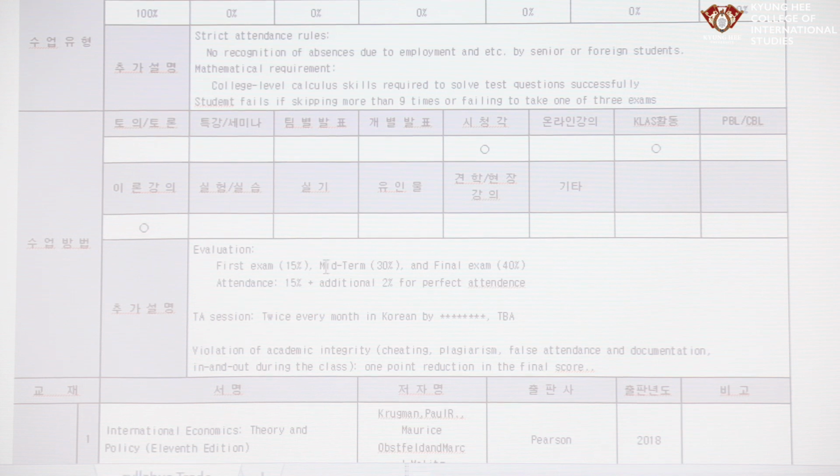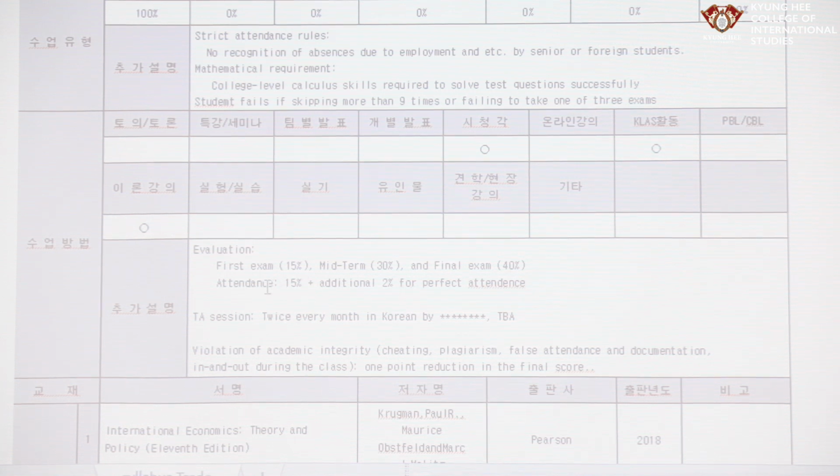Evaluation is like this. First exam, after the microeconomic foundation lecture, 15%. Midterm exam, after the theory part of international trade, 30%. And the final exam covers policy issues, 40%. Attendance, 15%. But this semester is really an emergency situation because of the COVID-19 situation, right?